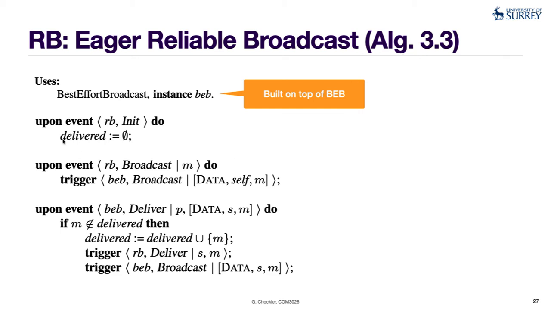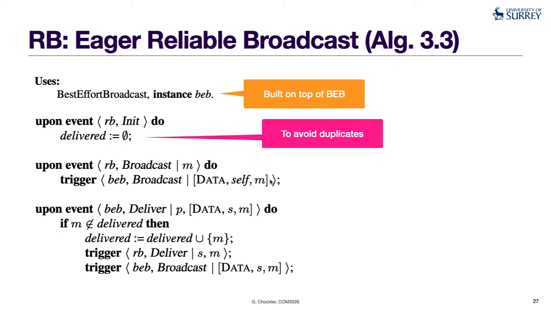Now we have one state variable here. It's called delivered, and it is initially an empty set. The delivered set is going to be used to avoid duplicates, so we can satisfy this no duplication property that we need for reliable broadcast.